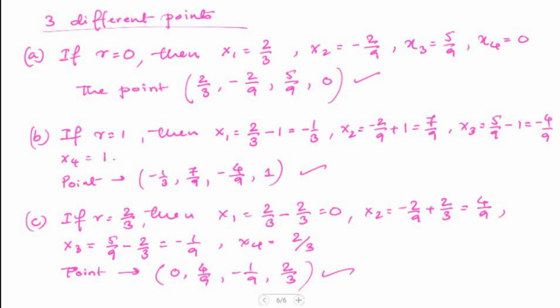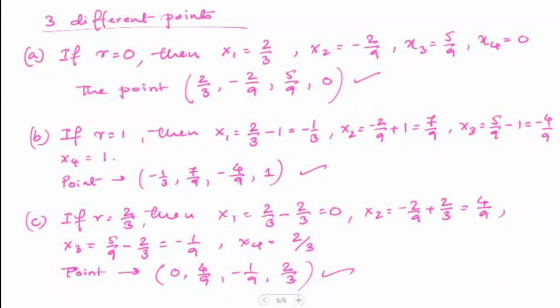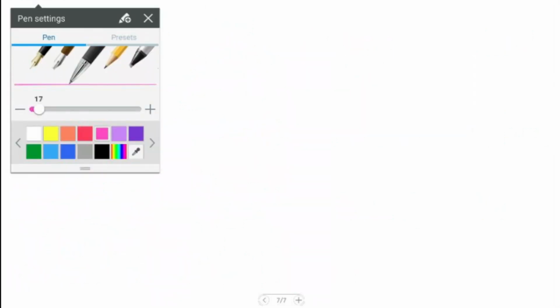Now, in our question, if you remember, we had to check whether our second point is indeed a solution of the given system of equations. So let's go ahead and work on that now.